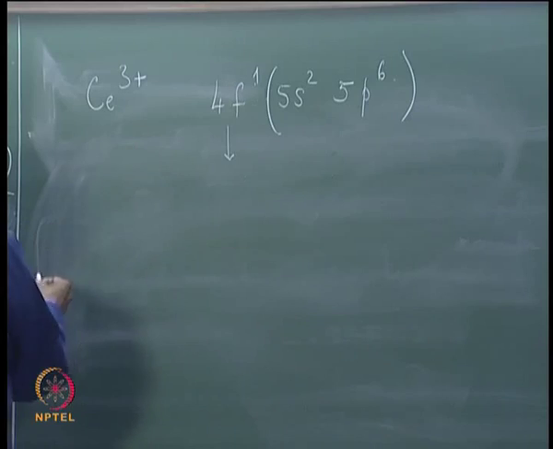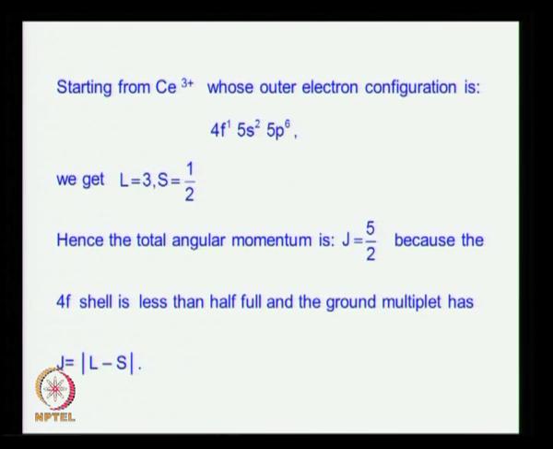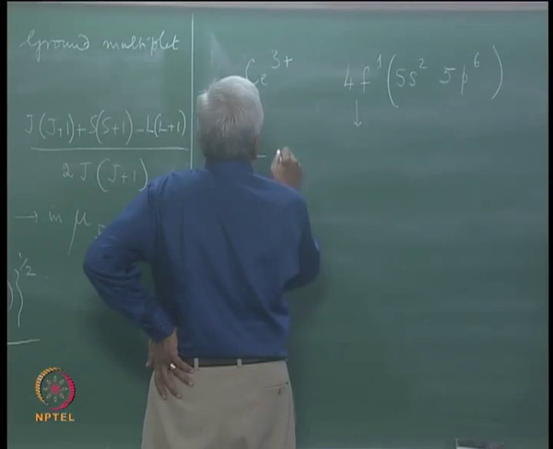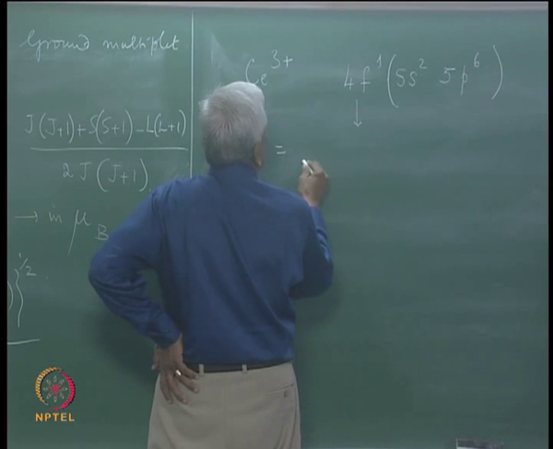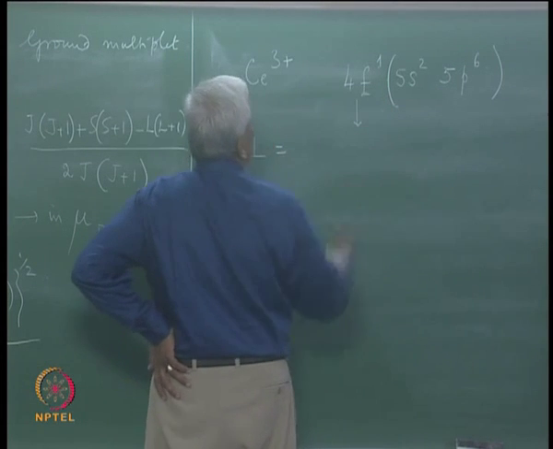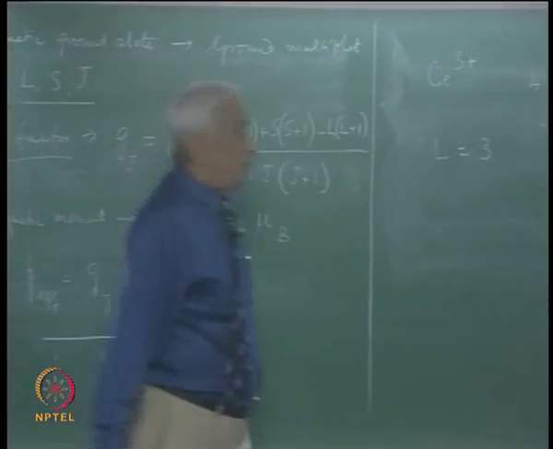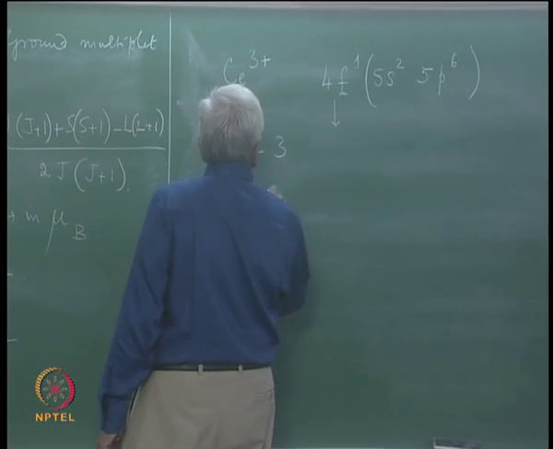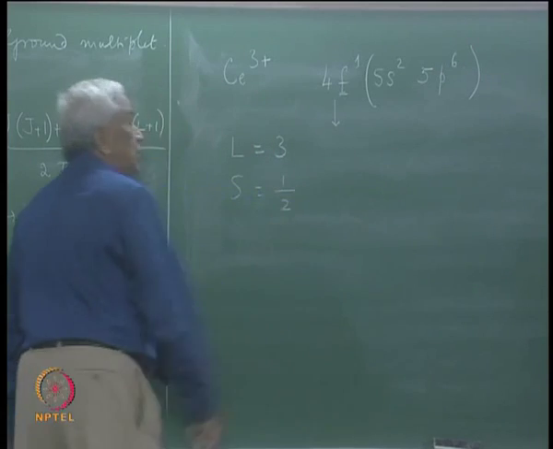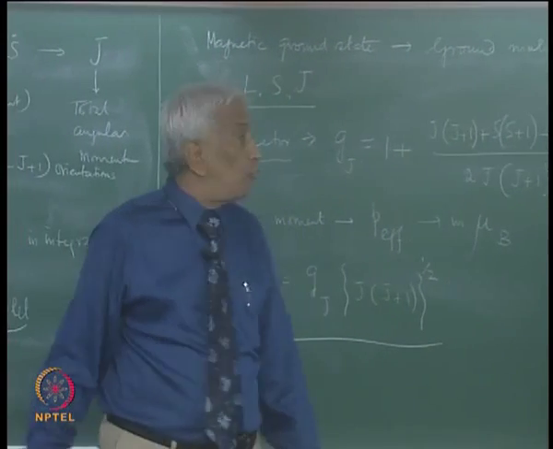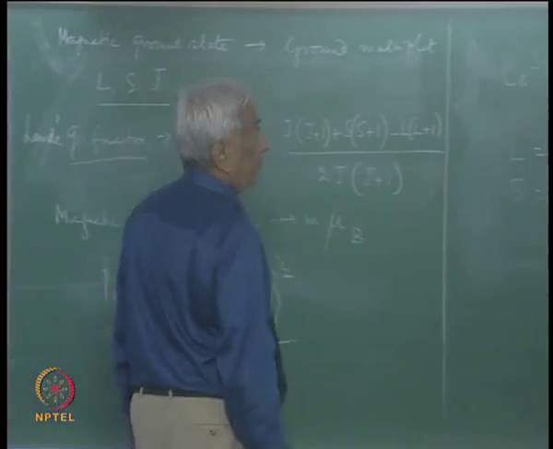Since we have only one electron in the f shell, L is 3, and since there is only one electron, the total spin angular momentum is just that of one electron. So, S is half.